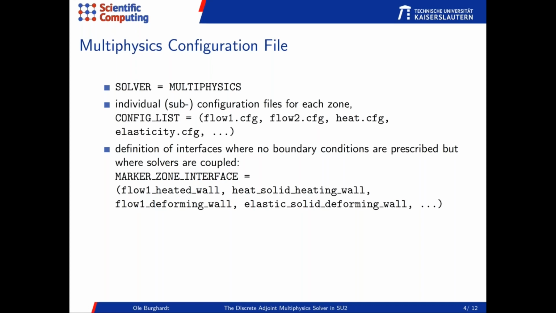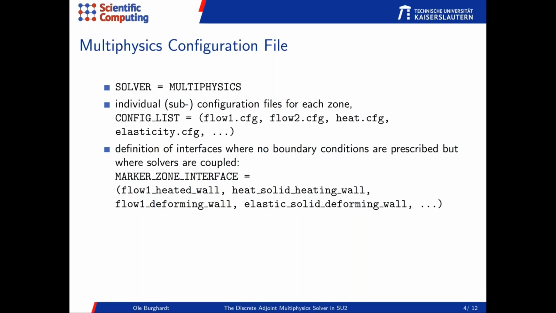The crucial difference between the master config file and the usual ones is that in the master config file, we define interfaces where no boundary conditions are prescribed, but where solvers are coupled.